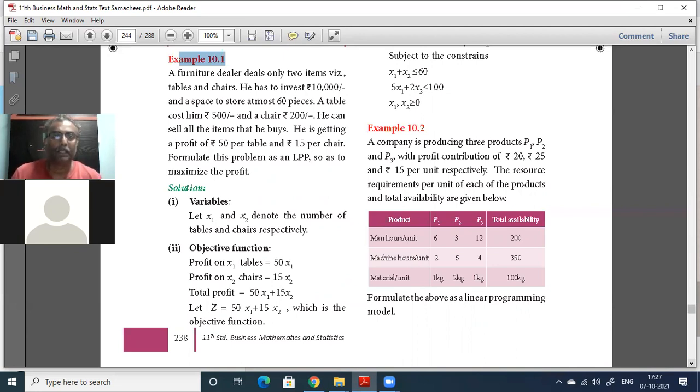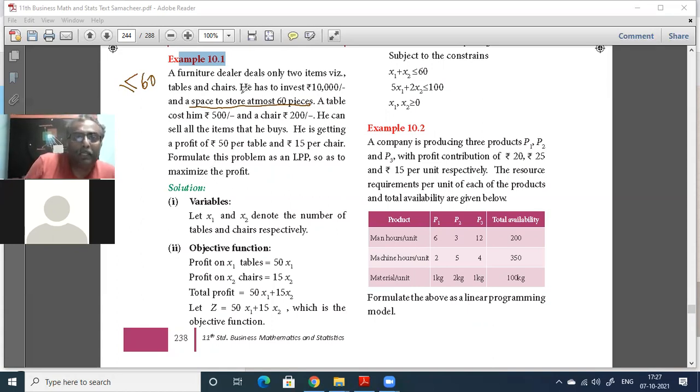He has to invest 10,000 rupees, and he has a space to store at most 60 pieces. Now this becomes a constraint. Immediately we can see it. What is the constraint? A space to store at most 60 pieces, so less than or equal to 60 items only you can store.